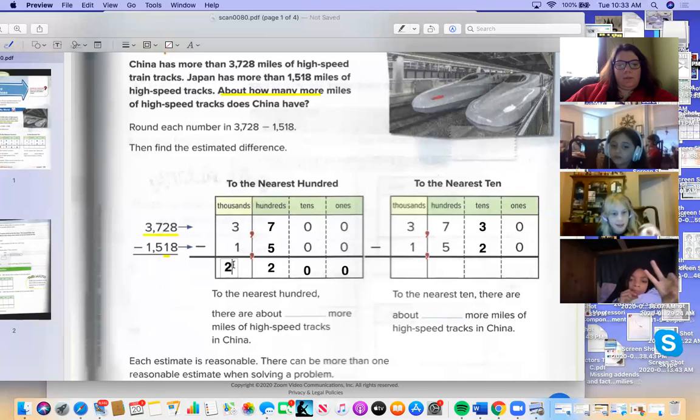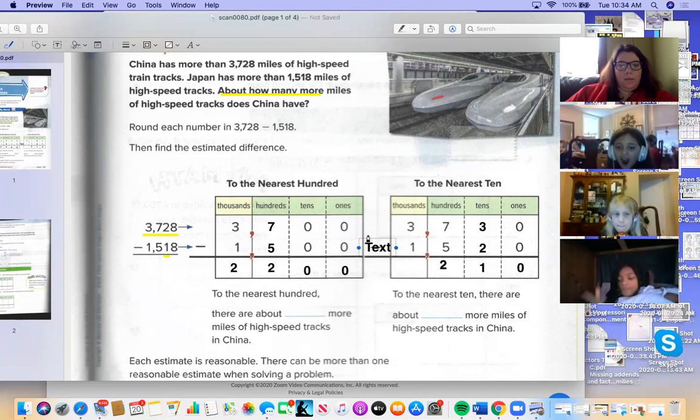Thank you, Selena. And now let's subtract our rounding to the nearest 10. We have 0 minus 0 is 0. 3 tens minus 2 tens is 10. 700s minus 500s is 200. And 3,000 minus 1,000 is 2,000.